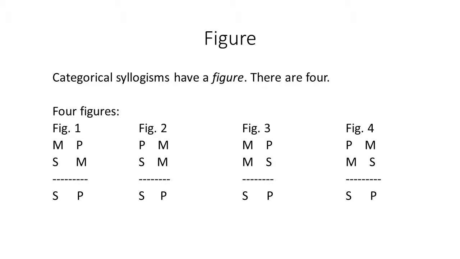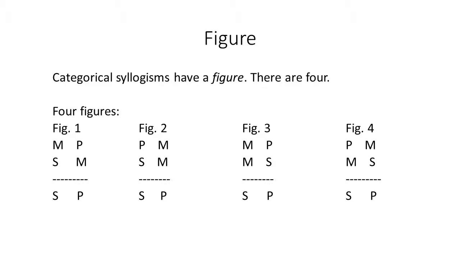So in figure 1, S, M, this shows that the subject term of the conclusion, that is the minor term, comes before the middle term. Sorry, I think I said minor premise; it's the minor term.